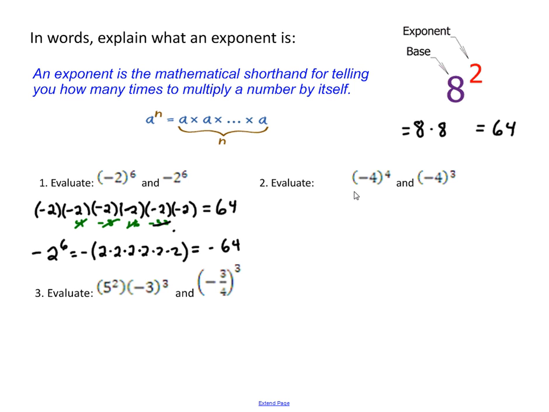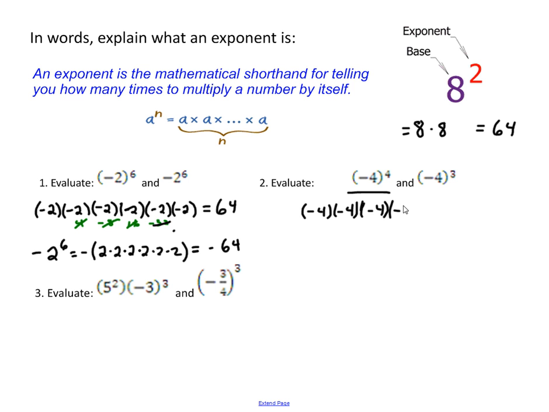Well, here's 2 more that are inside parentheses. What's going to happen here? Well, in this case, we're raising it to an even power. So the result is going to be positive, and it will be the same thing as negative 4 times itself an even number of times. Negative 4 times negative 4 times negative 4 times negative 4.